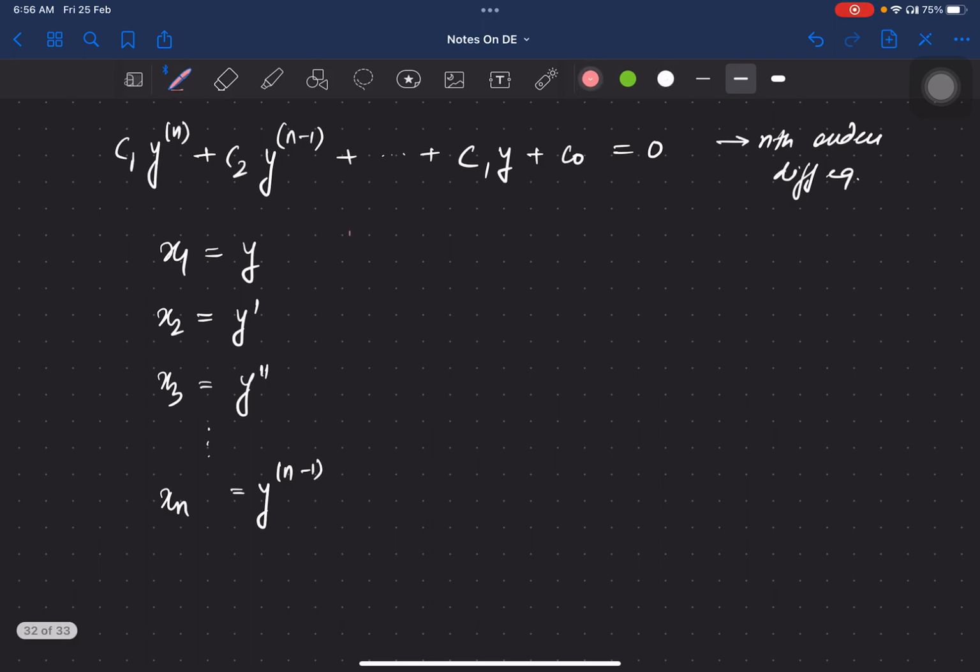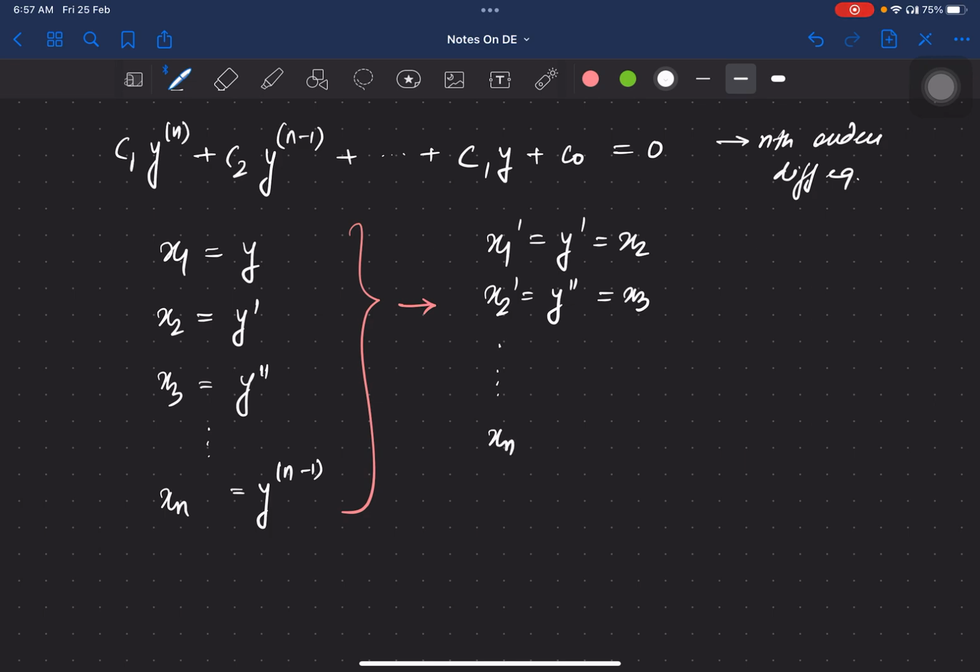So once we have this, then we differentiate each of the terms. x1 prime equal to y prime, but y prime is x2. x2 prime is y double prime, but this is your x3. So on up to xn prime is y^(n). That we will see how to write.